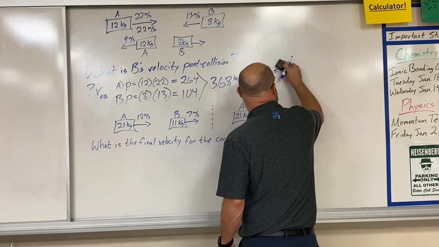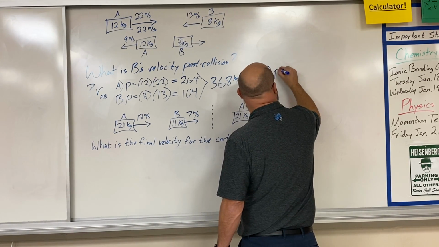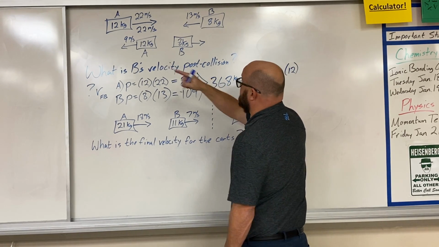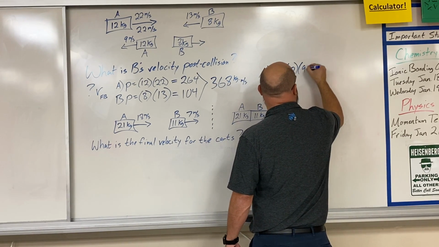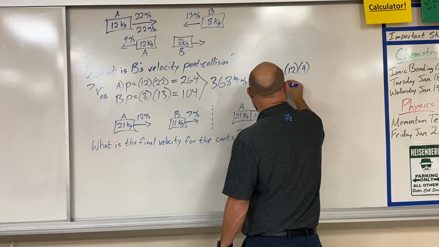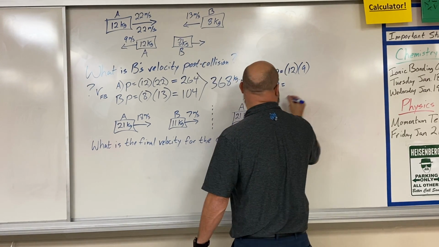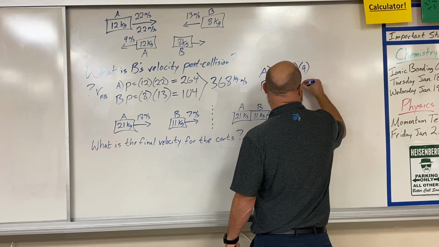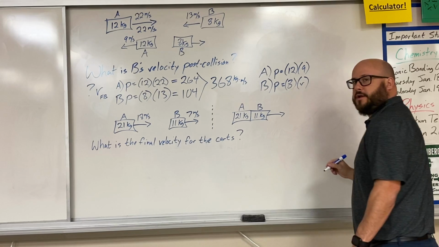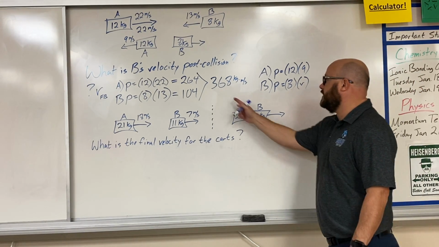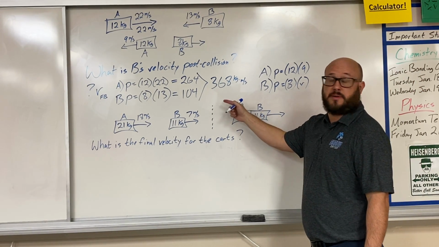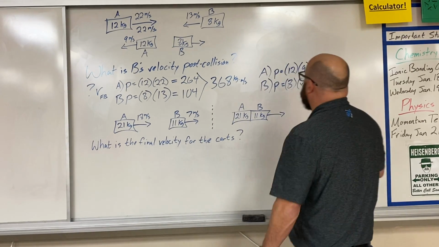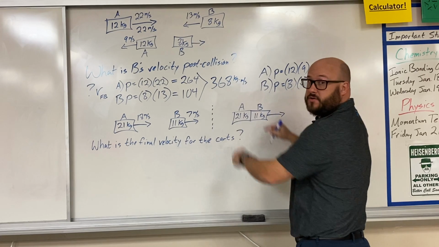Whoops, forgot the P. And it tells us it's moving at 9 meters per second. Cart B, still 8 kilograms, but we don't know the velocity, so that's going to be our unknown. We do know the initial momentum total was 368.